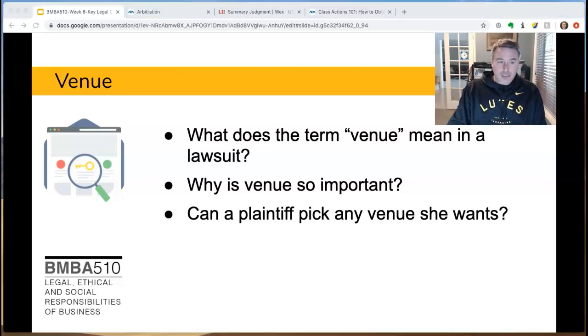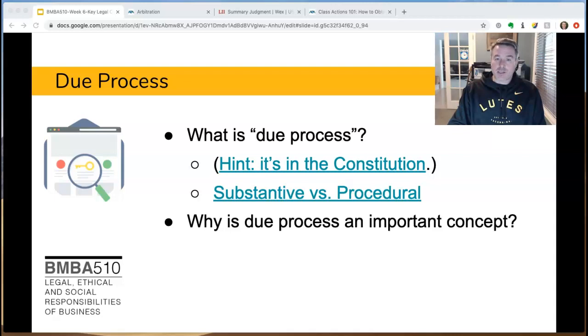Okay. All right. Now, due process is a kind of big legal concept. Most of us should be familiar with it. You have this due process right under the Constitution, and what we mean by due process is that you have the right as a citizen to proper procedure if the government is going to pursue a case against you.